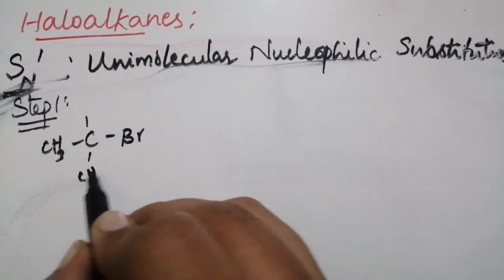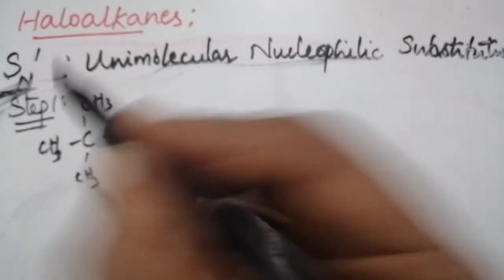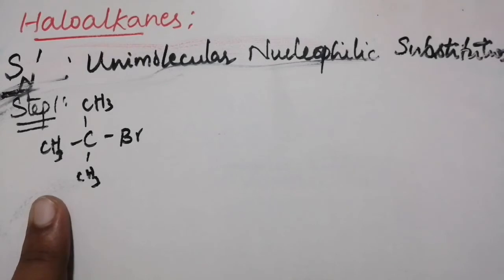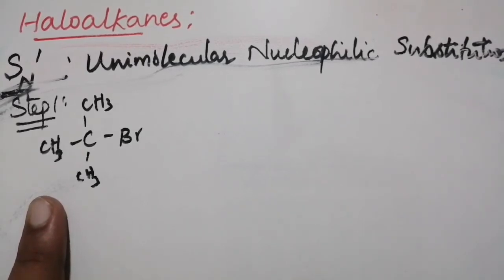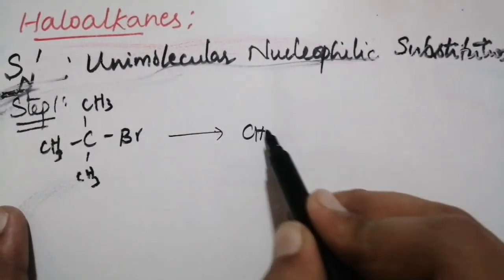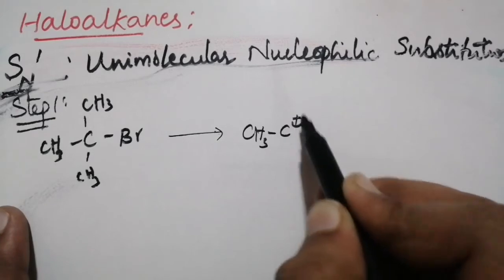First, step 1 is my tertiary butyl bromide undergoes dissociation to form planar carbocation.